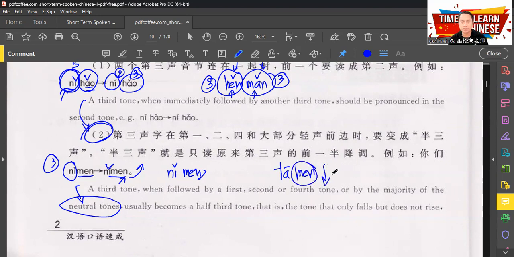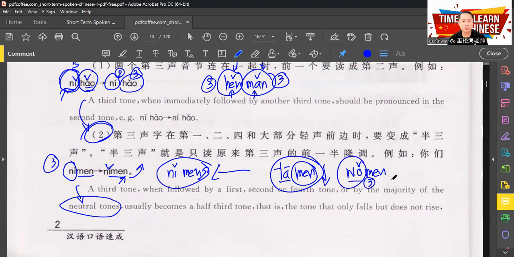The neutral tone goes down. For example, TA is ท่า MEN is มัน, ท่ามัน, but this one is หนีมัน, but this one is ท่ามัน. Another example, WO is 我, MEN, 我 is also the third tone. So the neutral tone we have to say closely together, mixed together, is 我们 like this.